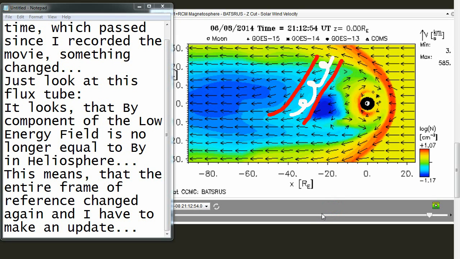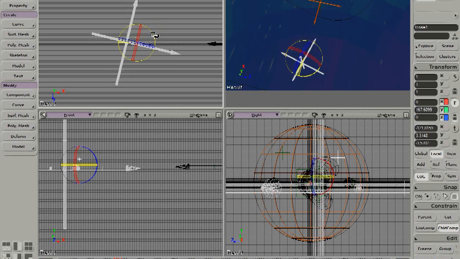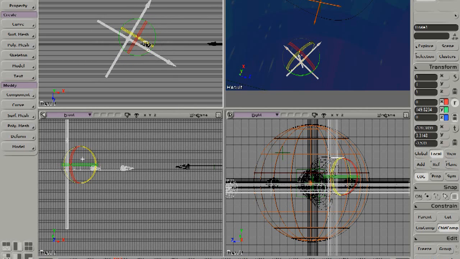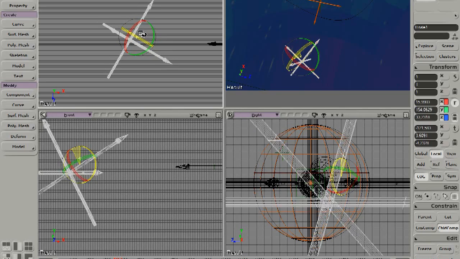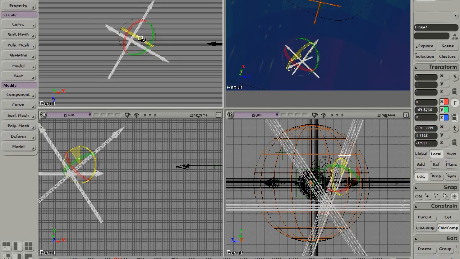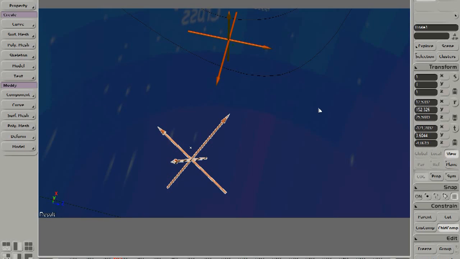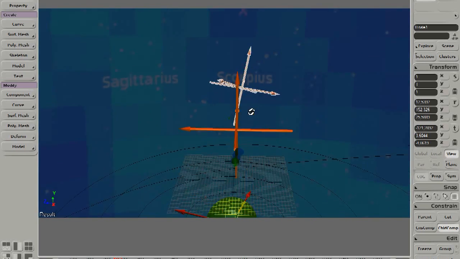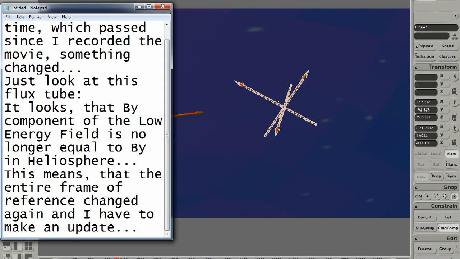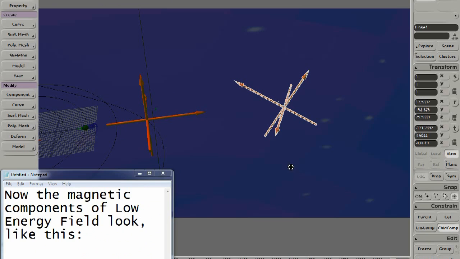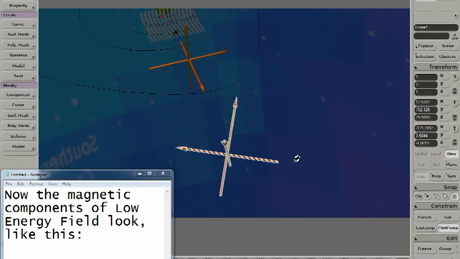This means that the entire frame of reference changed again, and I have to make an update. Now the magnetic components of the low energy field look like this.